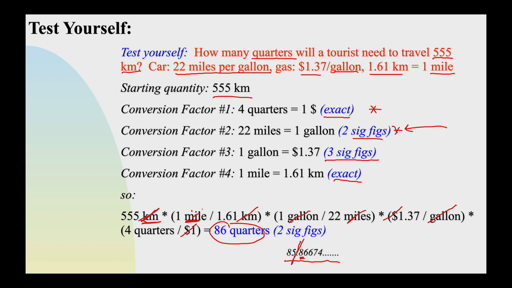Also, you don't have to go 555 divide 1.61 times 22 parentheses. That's too much work. Literally, 555 divide button 1.61 divide button 22 times 1.37 times 4. That'll give you all one stop, the fewest buttons punched on your calculator. I'm trying to save you time, I really am. Anyway, all stuff you can do.